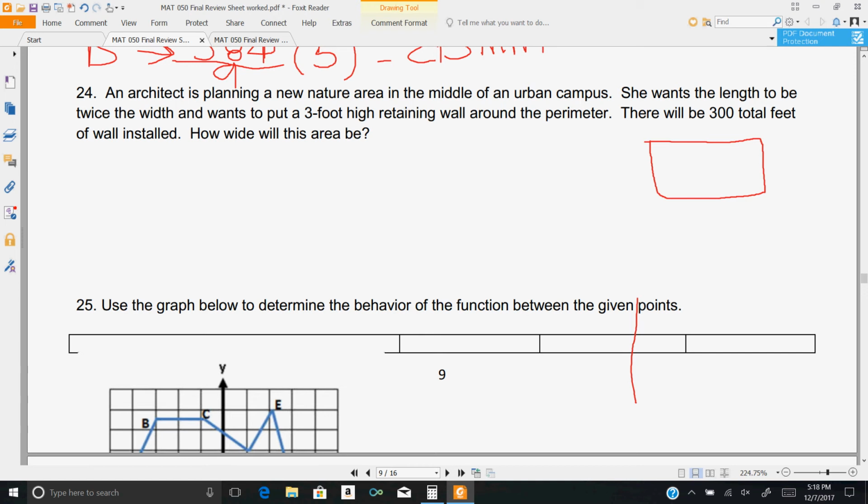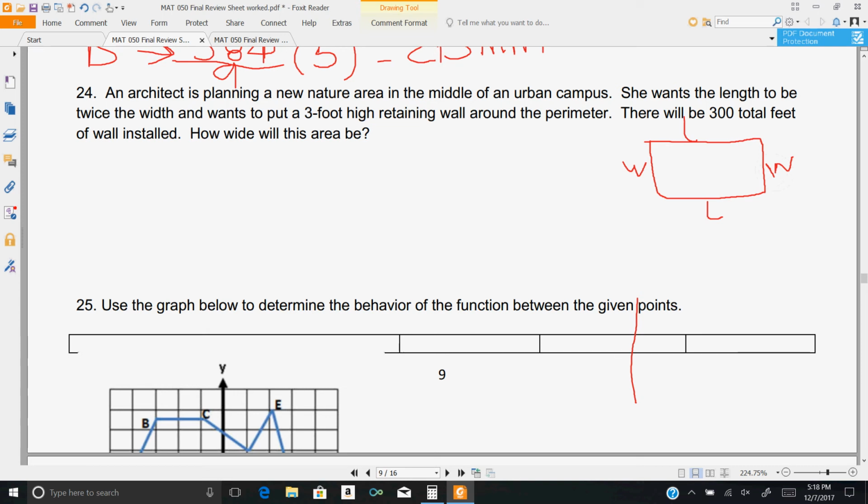It doesn't say square feet of nature area. It says 300 total feet of wall. So that tells me they're looking at the distance around, or the perimeter. How far is it all the way around? And I've got L and W for length and width.